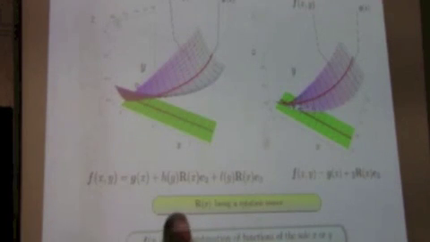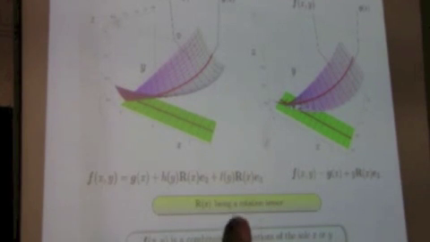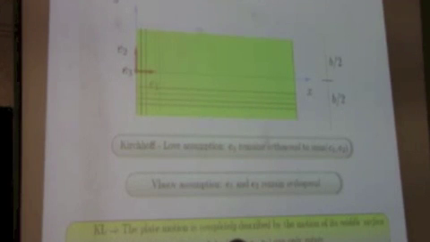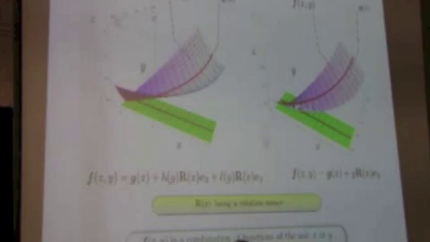Now, the second assumption made in this presentation is that the displacement approximation of the plate middle surface, which is a function of the two coordinates x and y, can be described by means of a linear combination of functions which are of the sole x or the sole y.